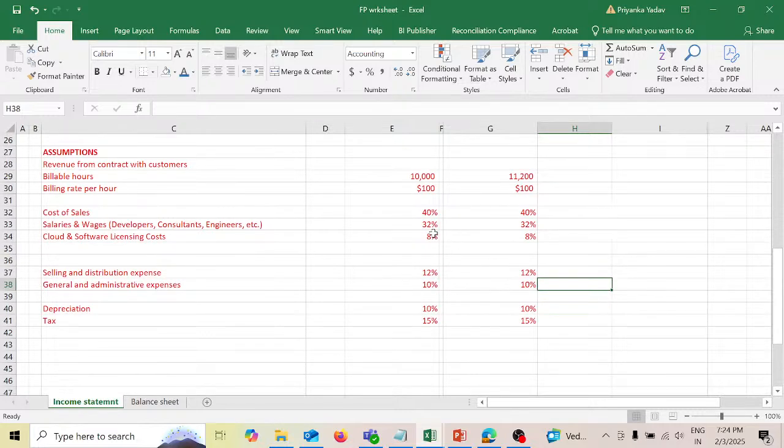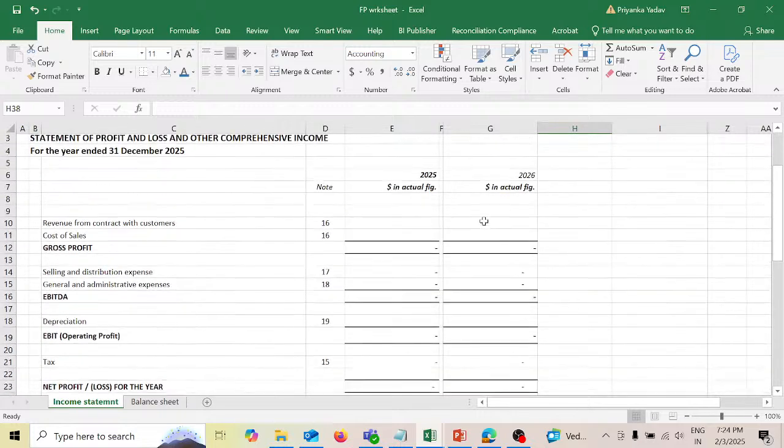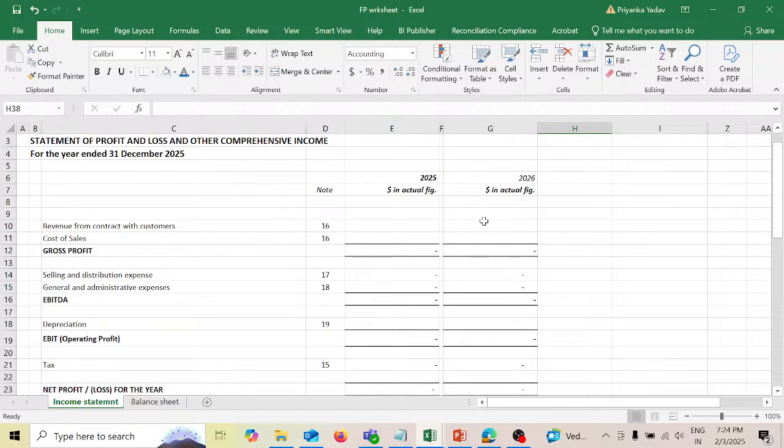We have provided all the percentages for the increase in the cost of goods sold and for your administrative and other expenses. Now on the basis of the same assumptions, let's create the forecasted income statement for the year 2025.